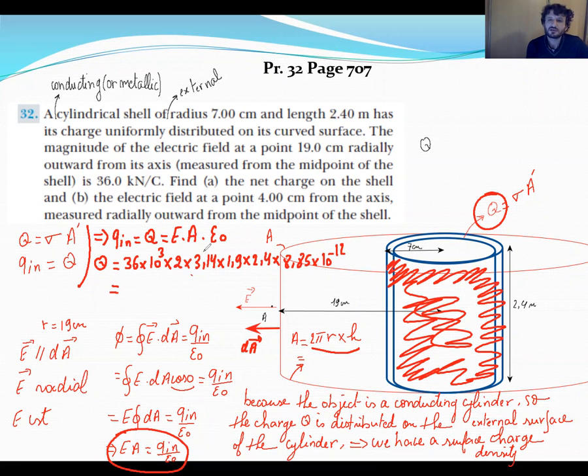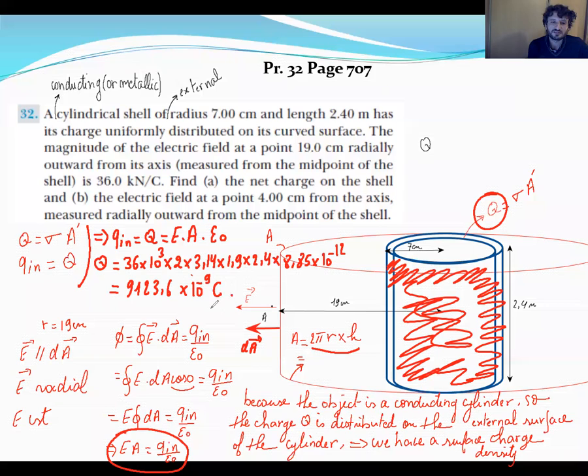We get 9.12 times 10 power minus 9... 3.6 times 10 power minus 9 coulomb.